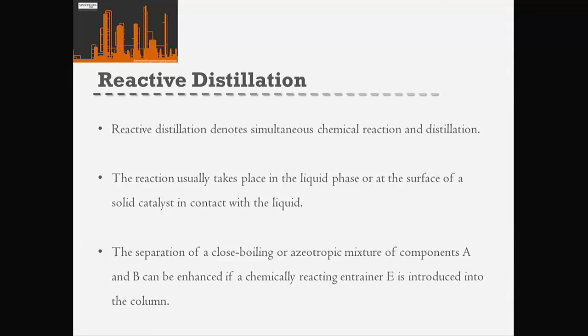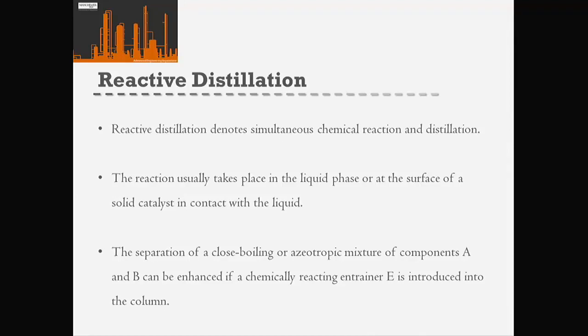So if you think about running your distillation through potentially a catalyst bed, you can actually react one of your components in the system with a solvent that you've added, okay? And that product may then have a suitable relative volatility to the component that you're not reacting to allow that separation to occur by distillation. Okay?